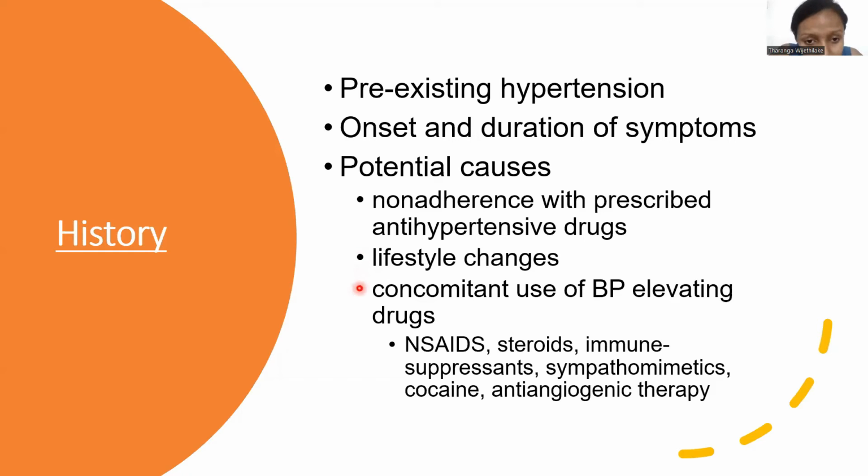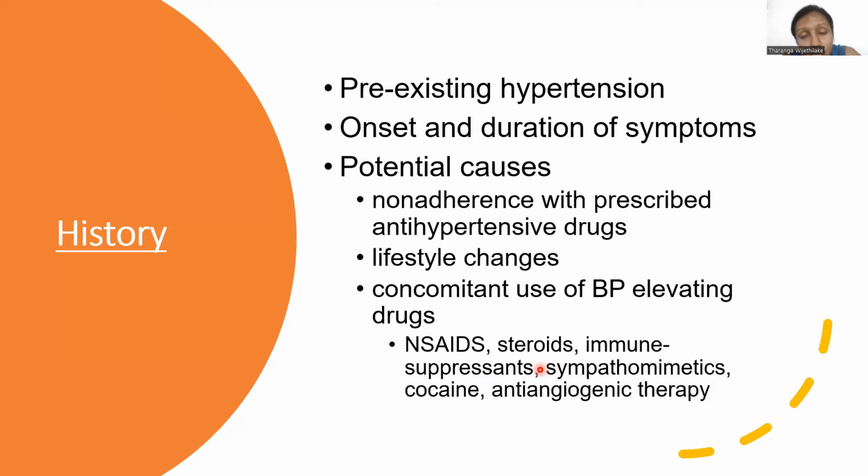Right, then a potential cause to present with severe hypertension is a concomitant use of a BP elevating drug like an NSAID, a steroid, an immunosuppressant, sympathomimetics, commoner among the younger age group, especially because now drugs of abuse are quite abundant in our country, all over the country.